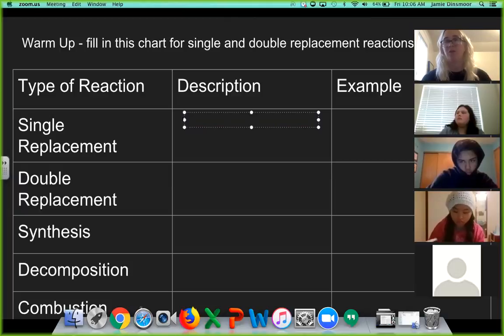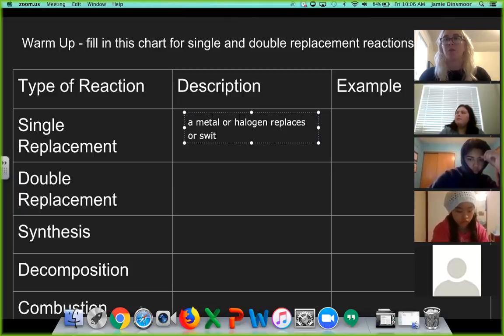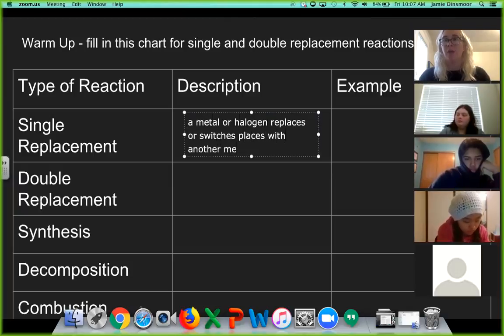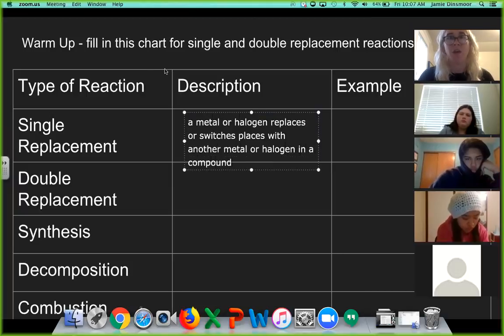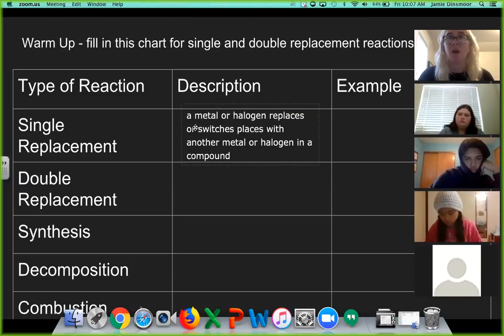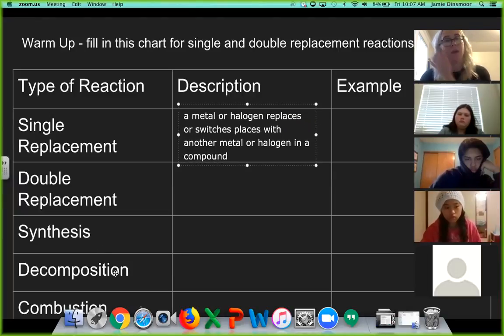That's an excellent description. I took it a tiny bit further and said a metal or halogen replaces or switches places with another metal or halogen in a compound. But what Janie May said is 100% correct, and is a great simplistic way to say it. So one element replaces another element in a compound.